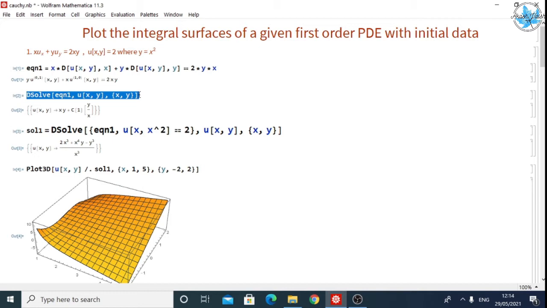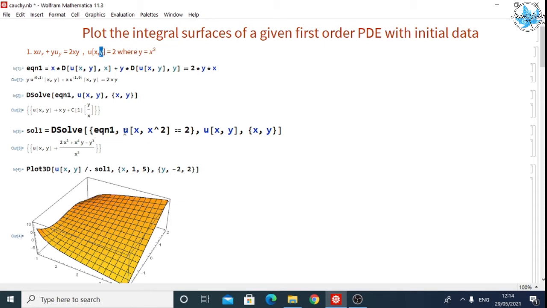Then we will put the initial condition. I consider solve1 equals dsolve, where I put the initial condition in the above expression. So I write dsolve of equation 1, then my initial condition: u(x, y) equals 2 where y equals x square.